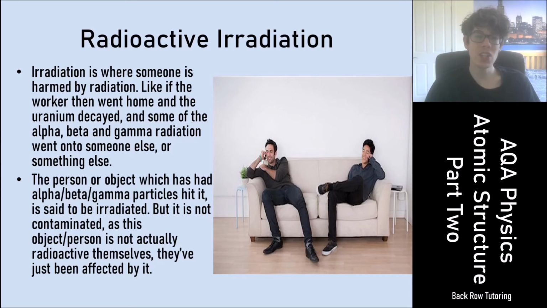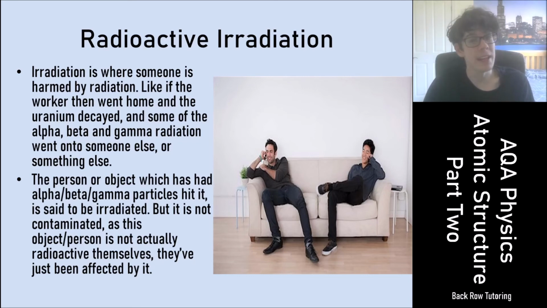So if that worker was to go home and talk to, let's say, his brother at home, and his brother was hit by some of that radiation which has been emitted by those particles on his body, then he is being irradiated.